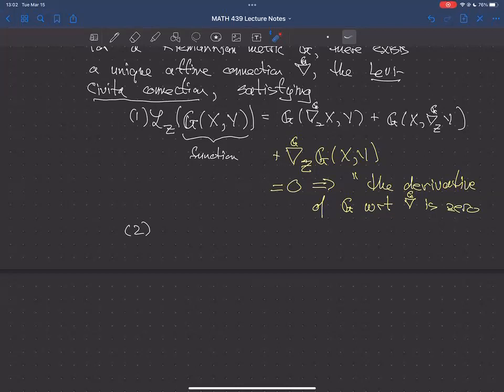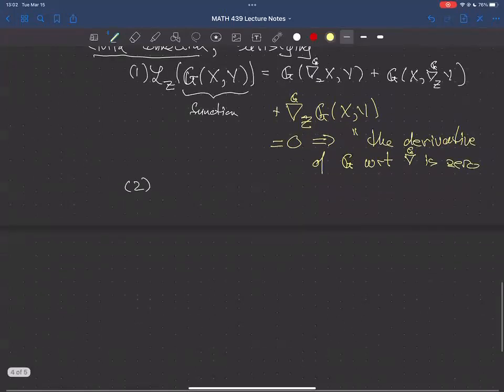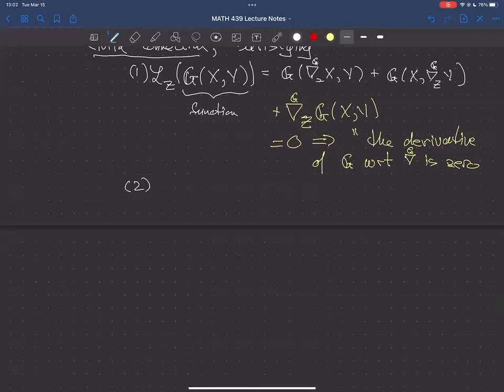Condition 2 reads like this. Condition 1 in some ways is the most important one. What condition 2 really does is, and we'll see why, it turns out that there's a bunch of affine connections that satisfy condition 1, but they all differ in only an uninteresting way.